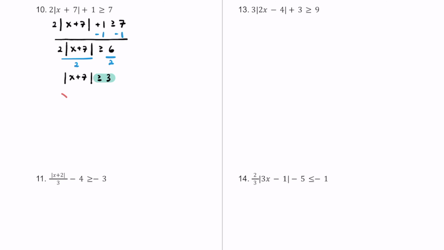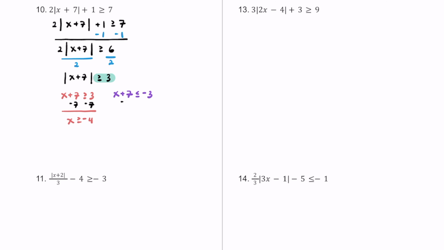So we're going to get x plus 7 greater than or equal to 3. And then our second one here is going to be x plus 7 less than or equal to -3. Okay, so on the left side, let's take away 7 and take away 7. If we do that, we're going to end up with x is greater than or equal to -4.